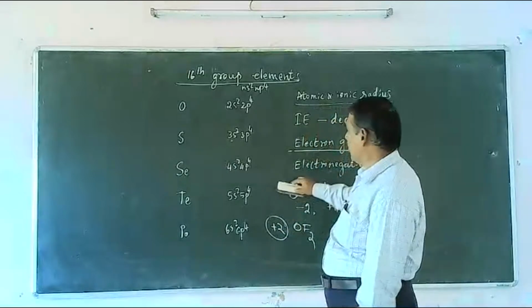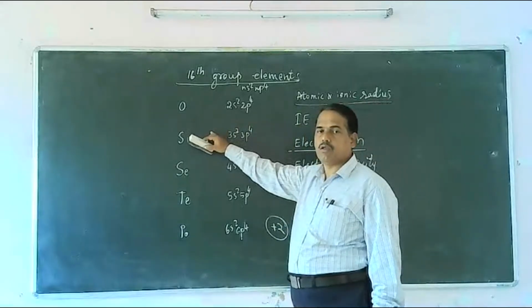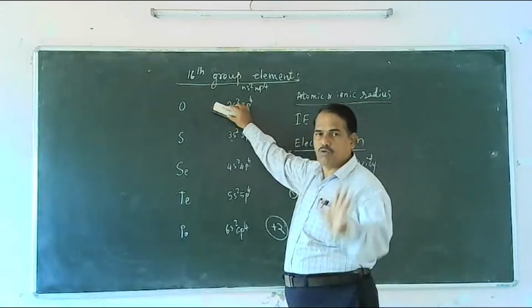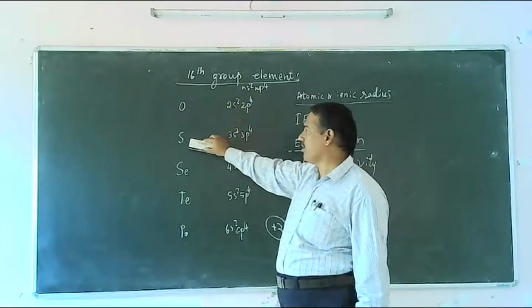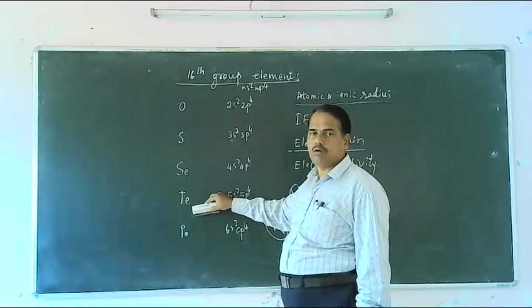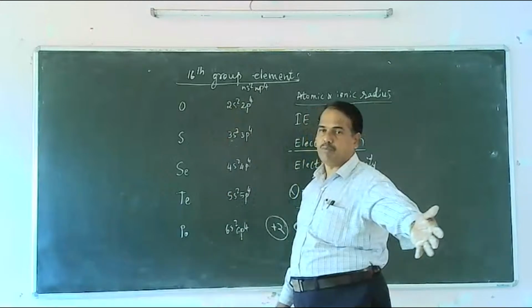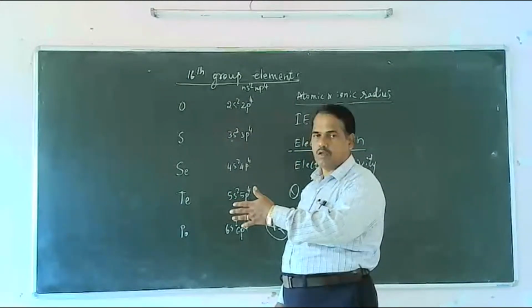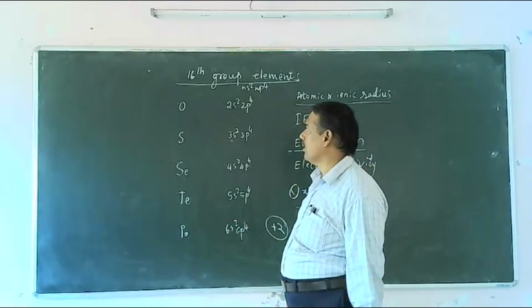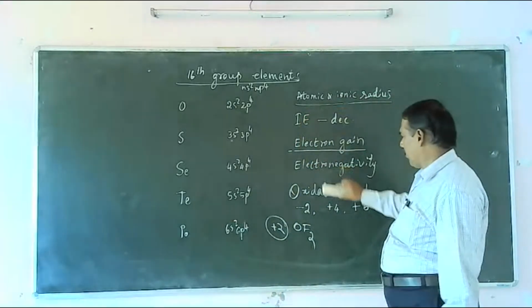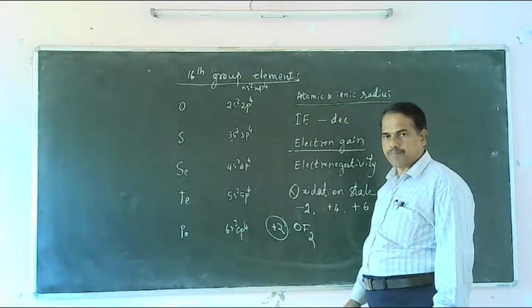Are you clear? Then for covalency, oxygen's covalency is only 4 because the available orbitals are limited. If you go for sulfur, selenium, and tellurium, covalency increases because of the availability of d orbitals. As you come down further, f orbitals too, so covalency is more. Okay, so that is oxidation state.